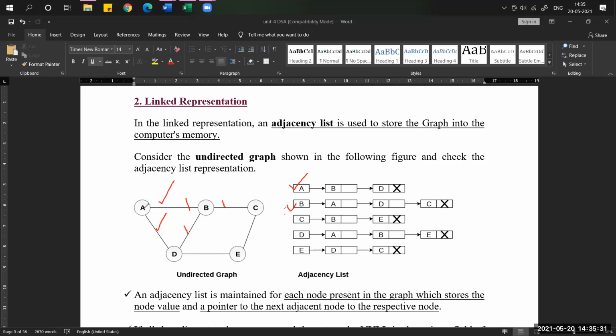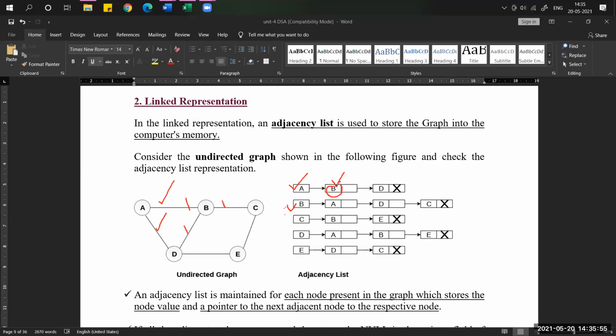What are the vertex names? A, D, C. So that's A, D, C, and this is the last one. That's why we kept the link field as null. So every node has two fields. What are those two fields? One is the data field, in which we store the vertex name.